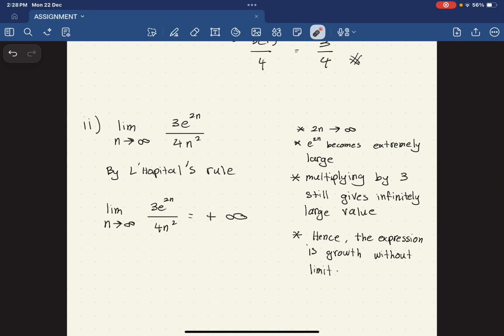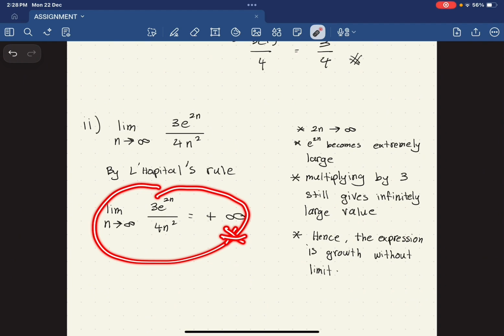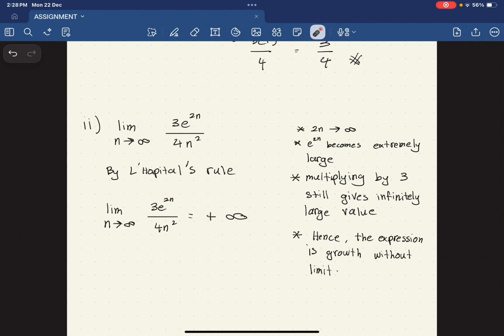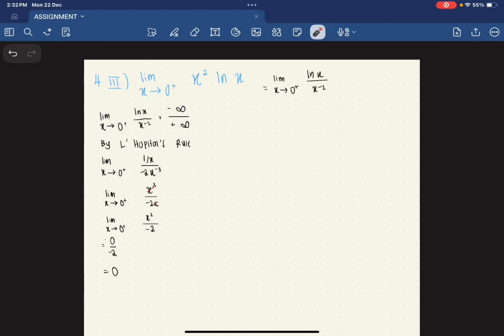After multiplying by 3, it still gives an infinitely large value. Hence, the expression grows without limit. Therefore, the final answer is positive infinity. That's all.